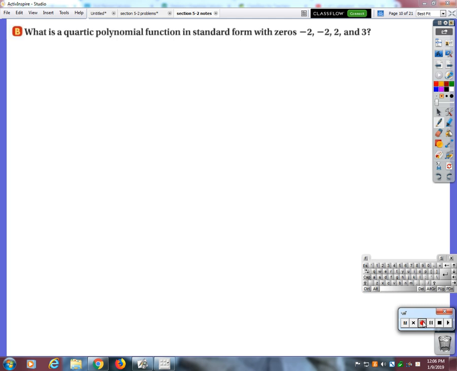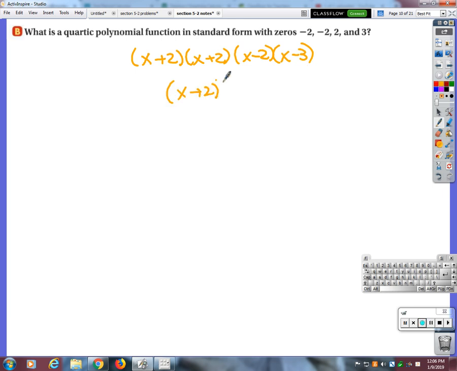What happens is, if our zeros are -2 and -2, then we have to include that in the factored form twice. And so Emma correctly says that an easier way for us to write that is as x plus 2 squared.